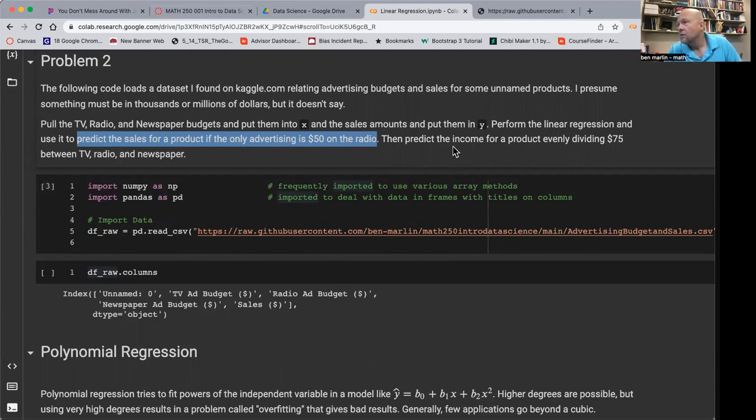And then also, I want you to predict it for if they took $75 and evenly divided it between the 3 of them. I'm going to leave that to you to figure out what I mean by that. It's not deep. It's just what you think. But predict what they will get out of that. Bear in mind that it's got everything in dollar sales, so surely they meant it to be in thousands of dollars or something.